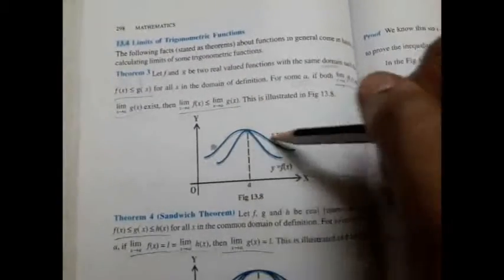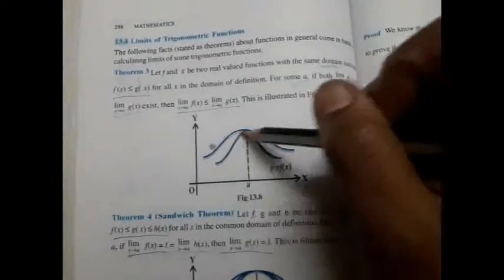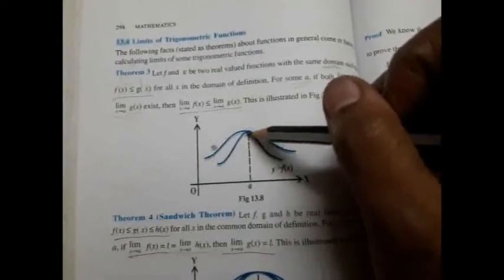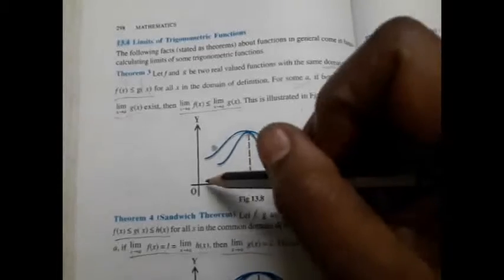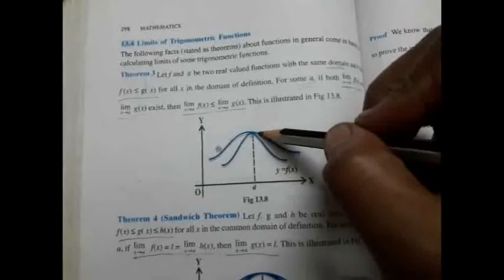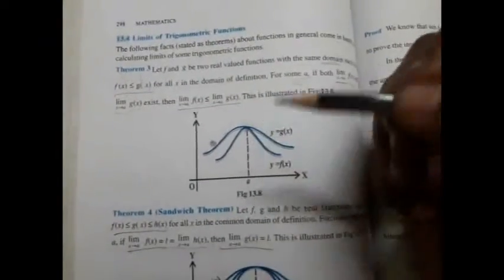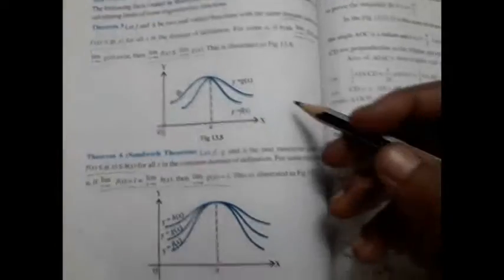So if a function is less than or equal to some other function, then at some particular point the value when it approaches a, this function will be less than or equal to the value of the other function when it approaches the point a, right? This is the first theorem.